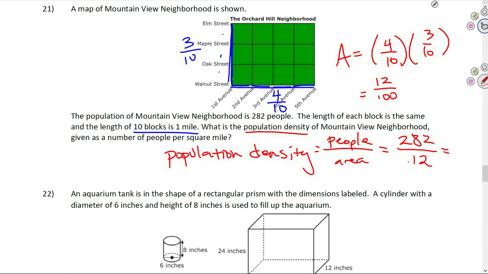Now 0.12 is a very small number, so as I divide by a very small number, less than 1, this number will get bigger, and it gets to be 2350 people per mile squared. So if I had Mountain View neighborhood duplicated enough times to fill up an entire square mile, then I could fit 2,350 people living in that neighborhood.